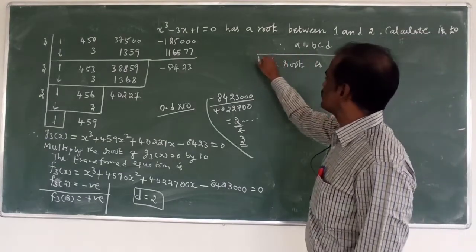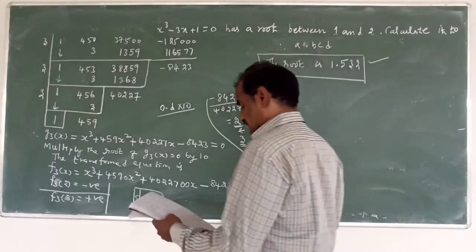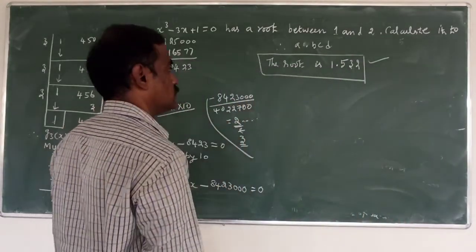This is the result of the given sum by using the Horner's method.